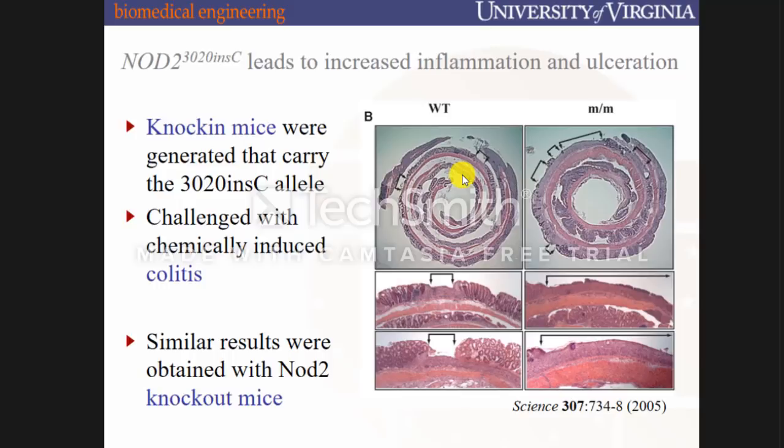And we're almost done. So the left side is wild type. Wild type is usually referred to as your normal mouse, the expected mouse. And on the right side is your genetically engineered mouse that bears the same mutation that was reported in patients in those earlier papers.